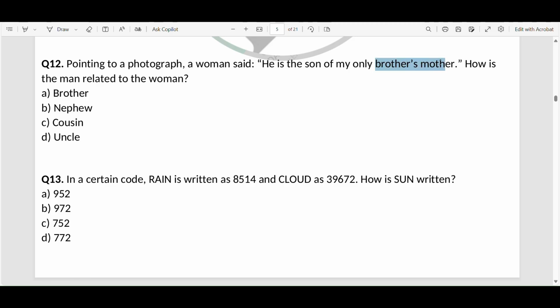So the son of my only brother's mother means the son of my mother, and that is my brother himself. So he'll be the brother, right? That's so much easy.